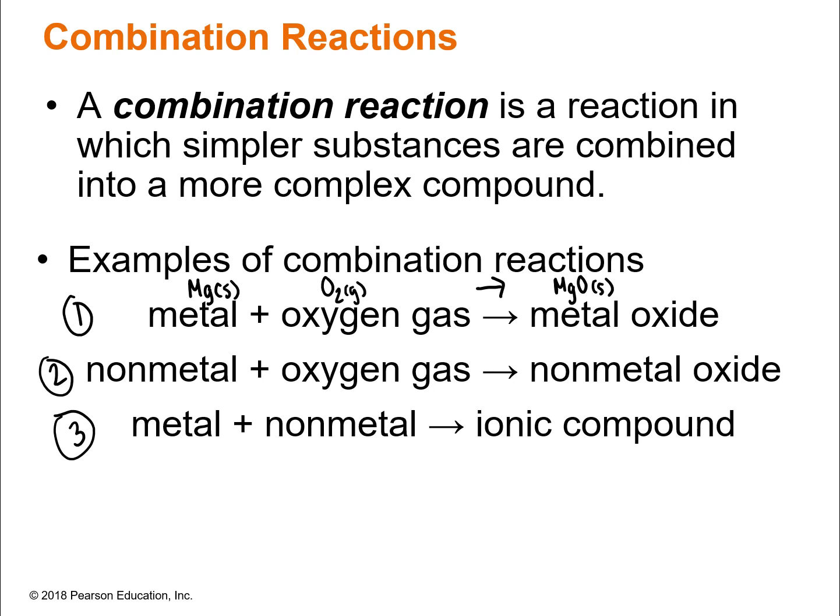If you have a nonmetal plus oxygen gas, you make a nonmetal oxide. An example of that would be sulfur plus oxygen gas. You can make sulfur dioxide. And then, of course, a metal and a nonmetal.